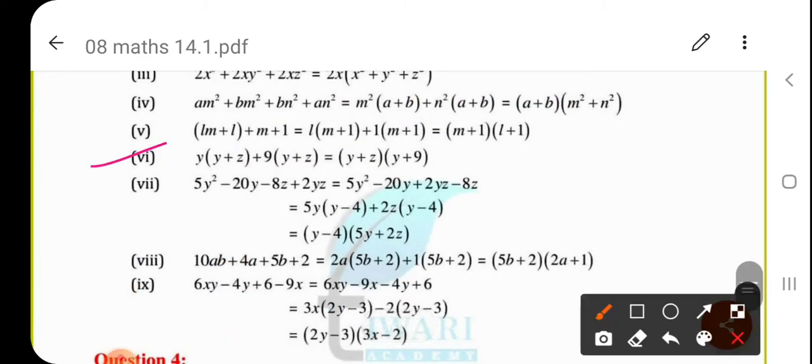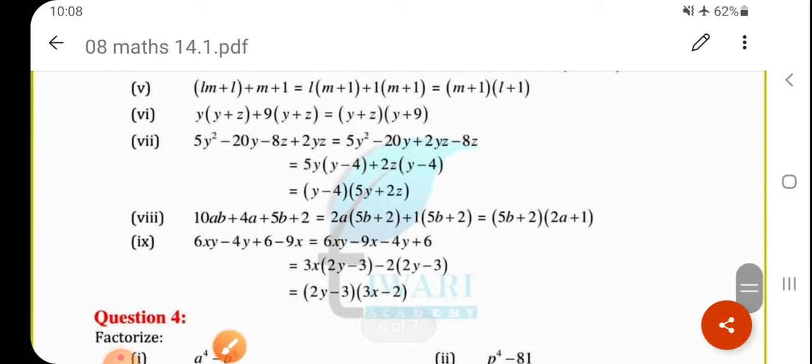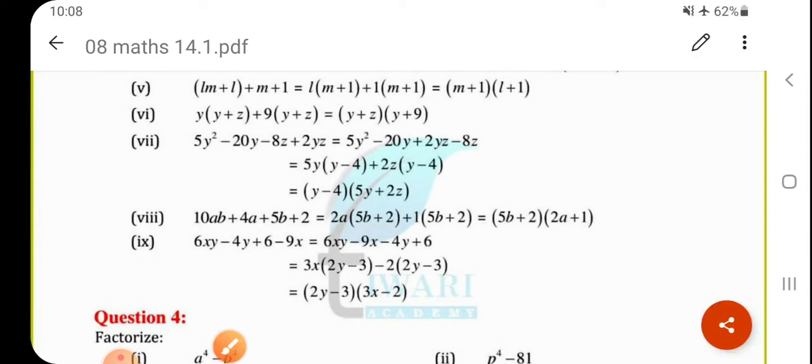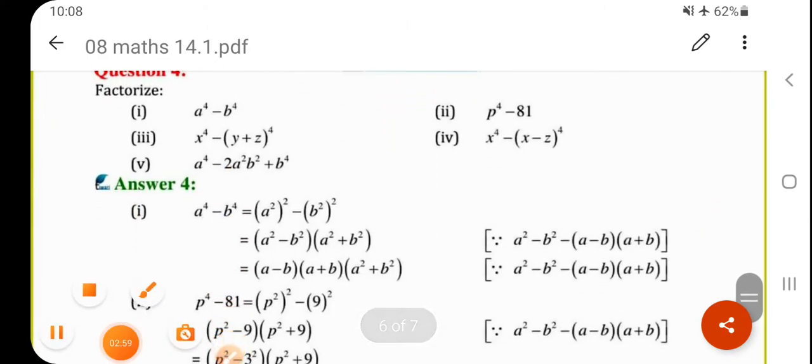Same way, the sixth example is in the homework. In the seventh example also, you have to make the groups and find the common terms. The 8th and 9th examples are also the same as the 7th one. They are in the homework.